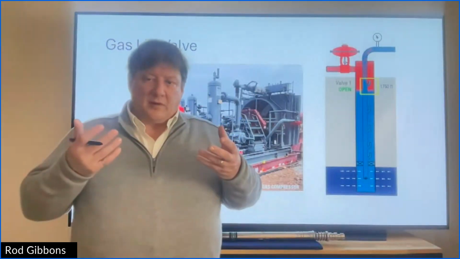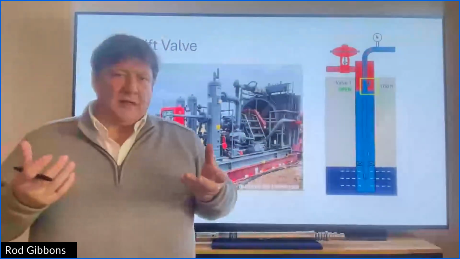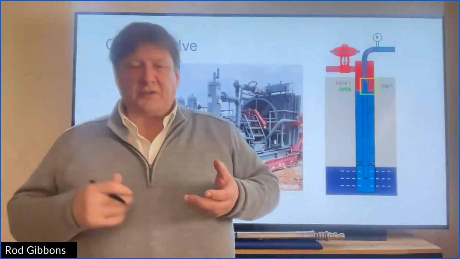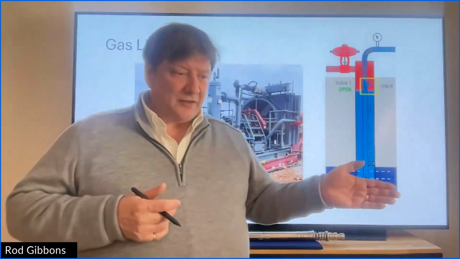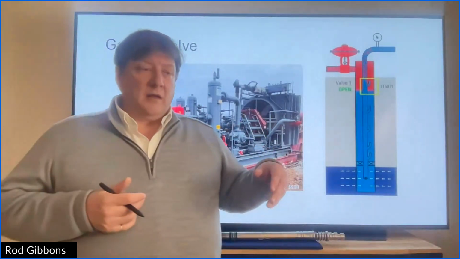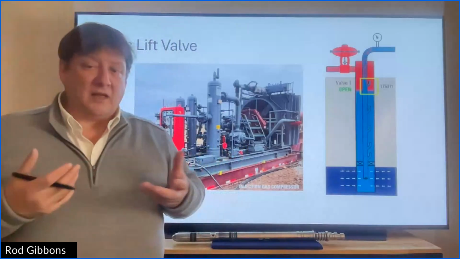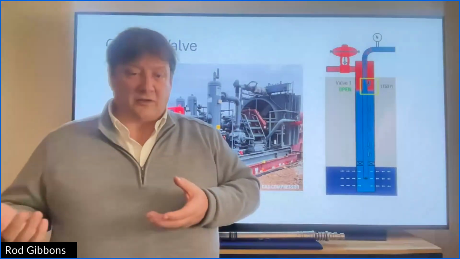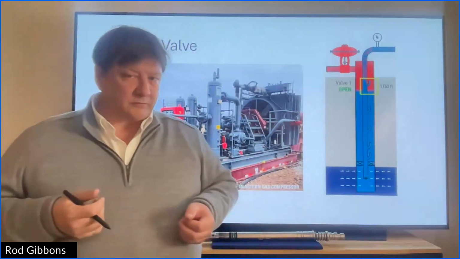So you'll separate that out at the surface, and then you'll have gas. Oil goes to oil sales, and then gas typically goes to gas sales if you have a gas pipeline. But you can also use some of that gas as fuel gas on your location, if you're onshore, on your location, on your platform, or FPSO if you're offshore.